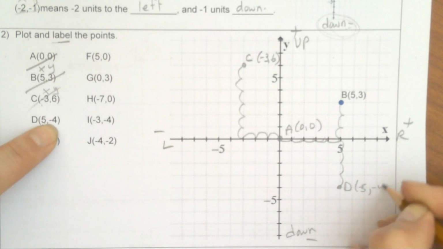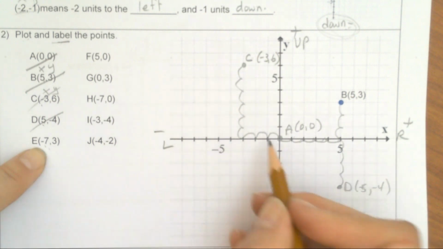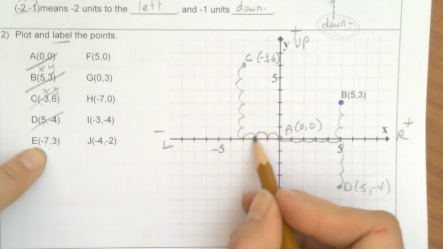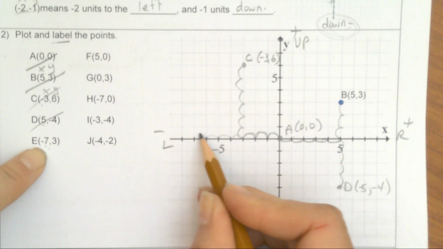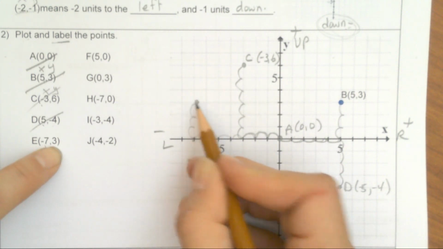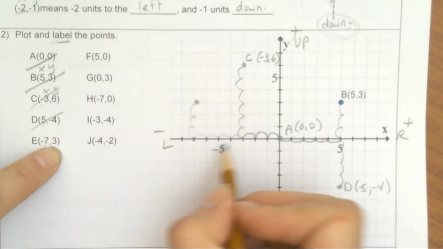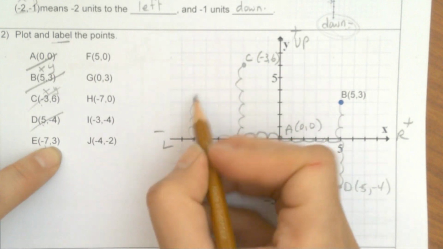E, negative 7, 3. So the 7 is about left and right, and it's negative, so it's got to go left. So 1, 2, 3, 4, 5, 6, 7. And then go up 3. 1, 2, 3. So don't draw the point here in the middle. Always wait until you're finished going left and right, up and down, and then draw your point.